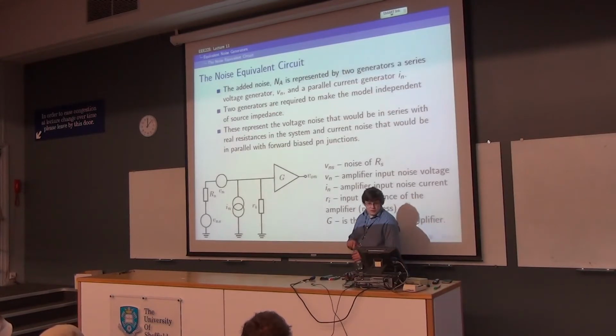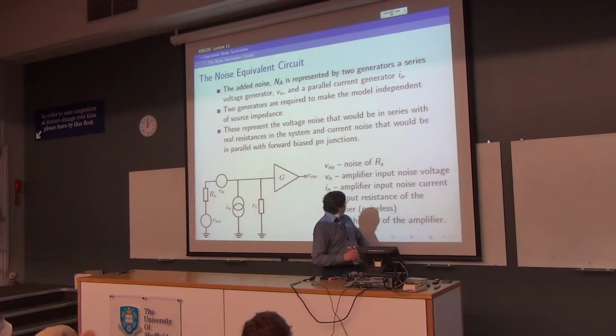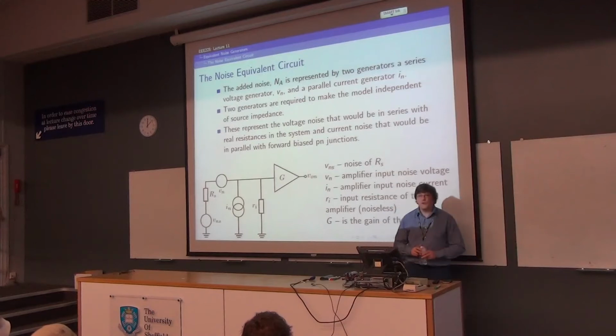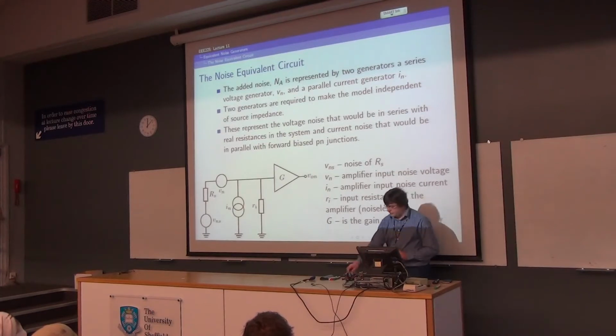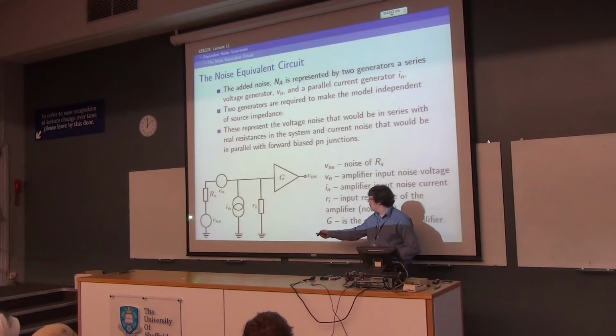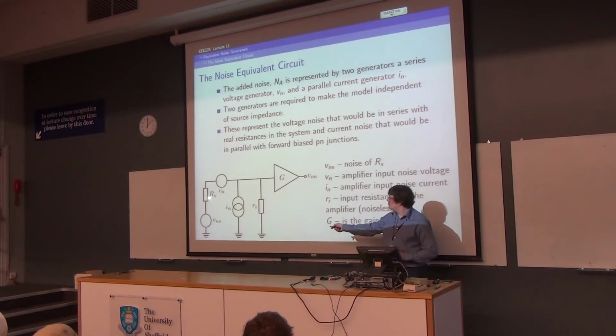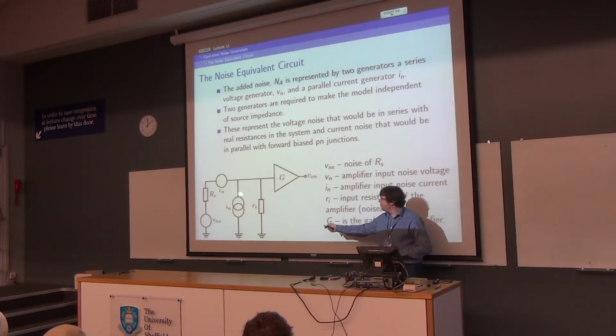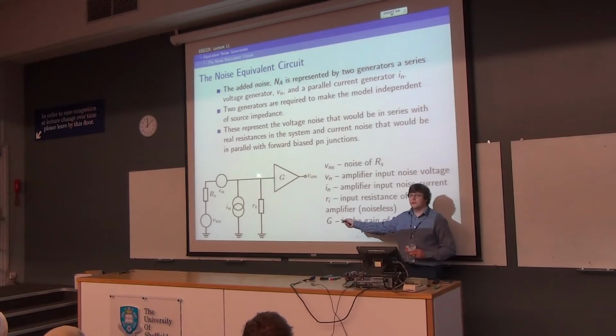So this is our equivalent circuit for a low frequency amplifier. We've got a noise source for the source resistance, Rs, and we've got a noise voltage that represents part of the amplifier noise, and a noise current that represents part of the amplifier noise.